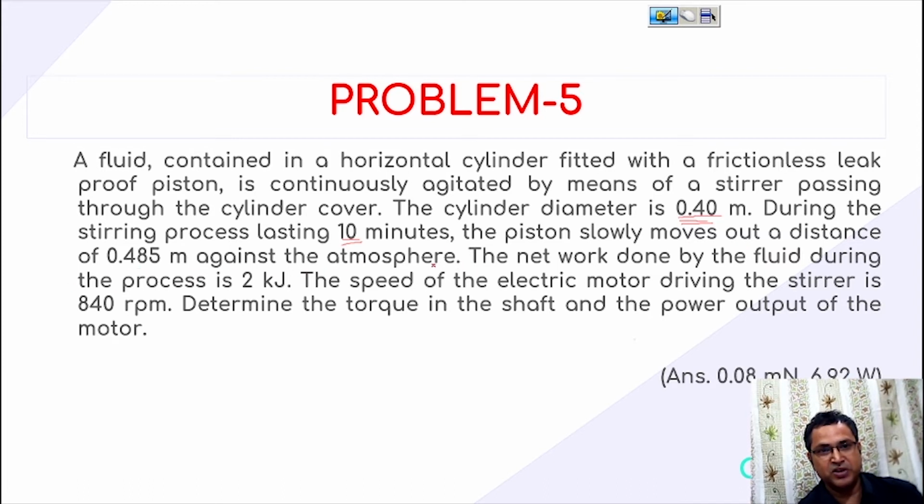The net work done by the fluid during the process is 2 kJ. The speed of the electric motor driving the stirrer is 840 rpm. Determine the torque in the shaft and power output of the motor.